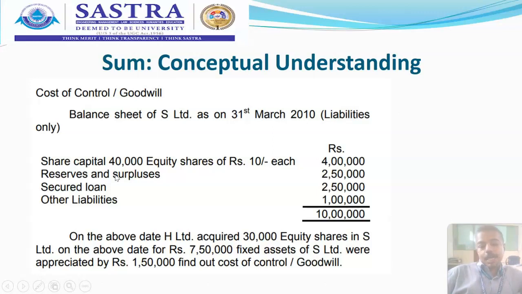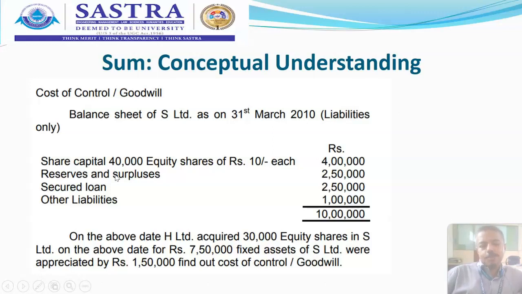Then what is the share in reserves and surplus? Reserves and surplus 2,50,000 they have. Of this, what is our share? What is the holding company's share? Of that 2,50,000, our control is only on 3/4 portion, because we acquired only 30,000 shares out of 40,000.